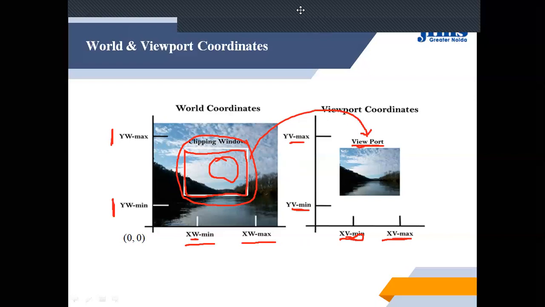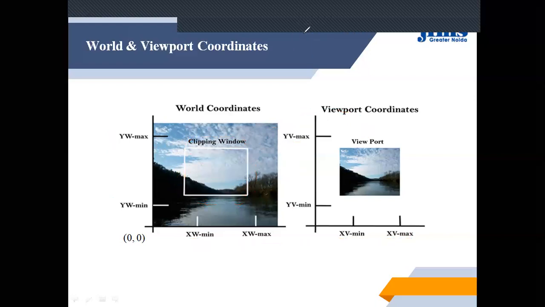So now we will try to find out how we have to map this. Our purpose over here is to find out, we are not concerned about the world image or world coordinate.